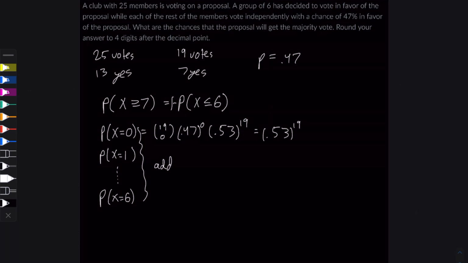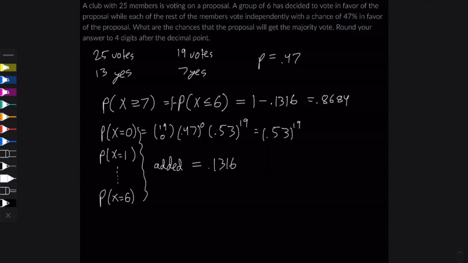So added together, this equals 0.1316, and then we would go back up here and say 1 minus 0.1316 equals 0.8684.